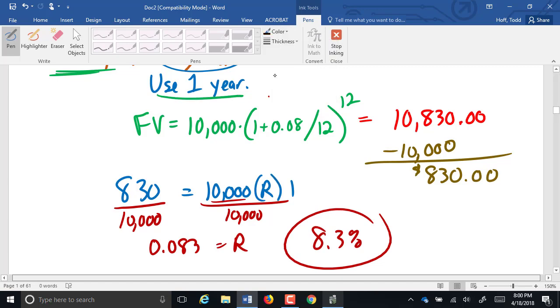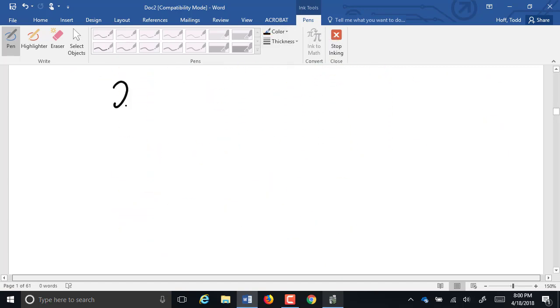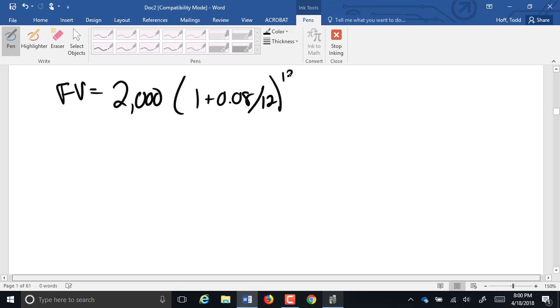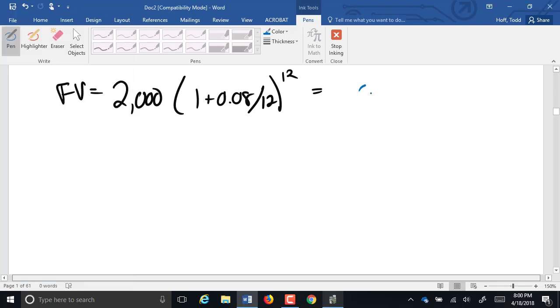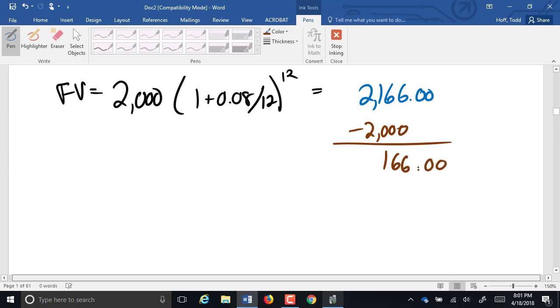What if I pick $2,000? Well, it's still going to be 1 plus 0.08 divided by 12 to the power of 12. So we get 2,166, so our interest, subtracting the 2,000, is $166.